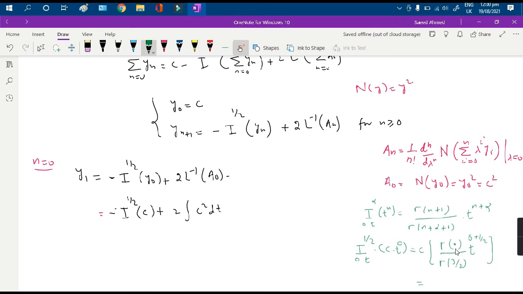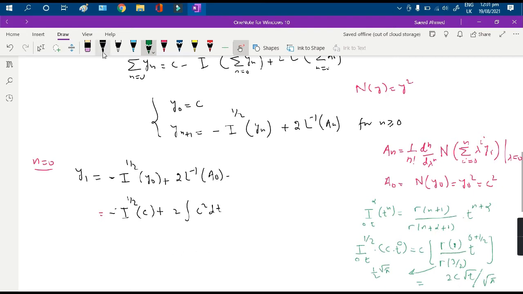And gamma of 1 is 0 factorial, which is 1, and gamma 3/2 is 1/2 times square root of pi. So combining it, we get 2c times square root of t over square root of pi. Remember, the value of gamma 3/2 is 1/2 times square root of pi, and this 2 comes into the numerator, so it is the same 2.